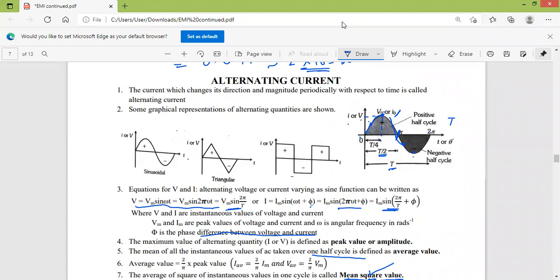This point represents IRMS or VRMS, and the corresponding time is T by 8. The time taken by the current to reach its RMS value from 0 is T by 8, and the time taken to reach its peak value from the RMS value is also T by 8.